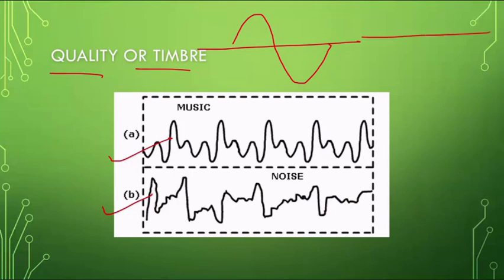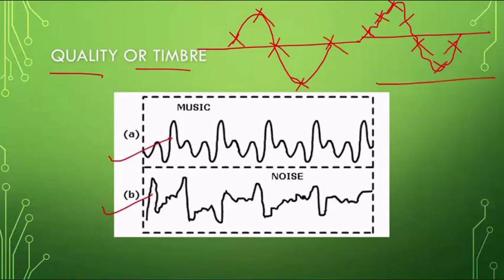But if I have a wave that has irregular displacement, so my graph has irregular points like that, instead of over here when I had proper points so that I could form a smooth curve, then this has a low quality or a low timbre, and it becomes a noise or a nuisance to the ears.